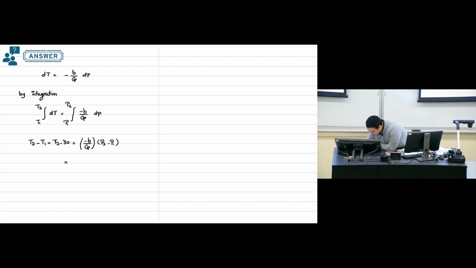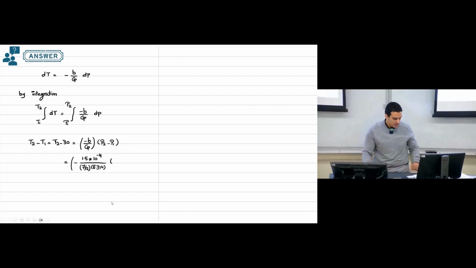The value of B was given: 1.5 times 10 to the power negative 4. Cp is constant, it's 7 over 2 R, and R is 8.314 in the SI system.